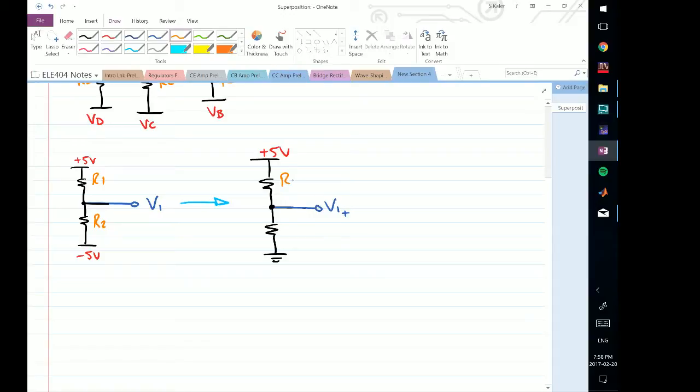Notice these resistors will stay the same, and I can say that this is actually the summation of two circuits that, if connected as follows, would give me the exact same circuit as I have in my case. Then we'll call this V1 minus. And so this is R1 and this is R2.